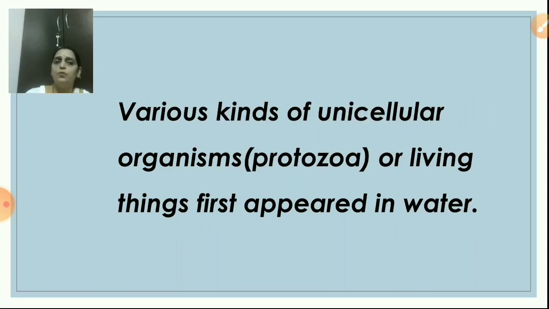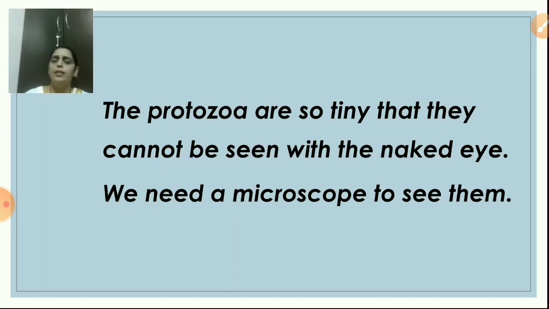Various kinds of unicellular organisms, protozoa or living things, first appeared in water. This means students, the first living organism appeared in water. Next, the protozoa are so tiny that they cannot be seen with the naked eyes. We need a microscope to see them.